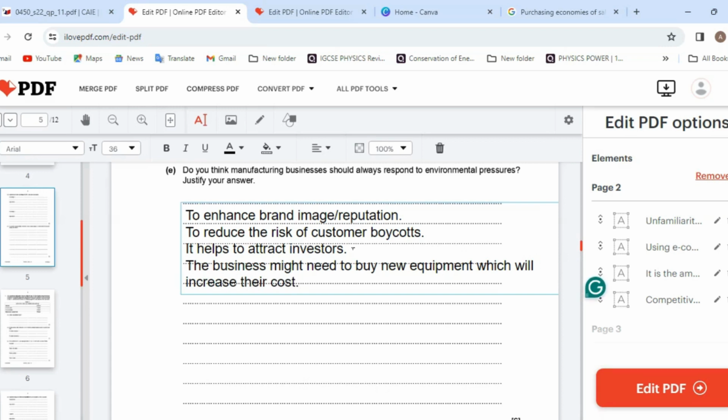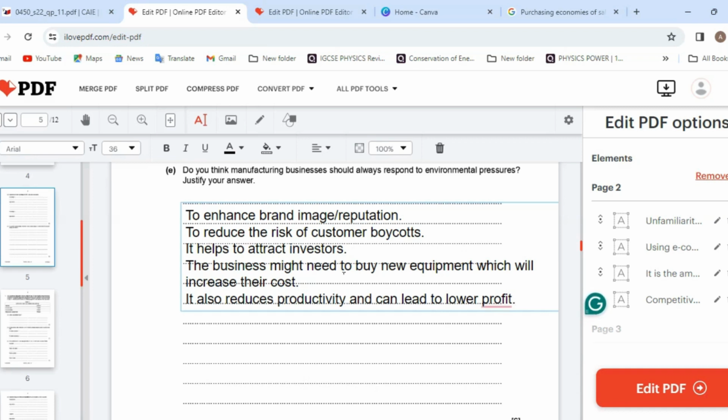It can also reduce productivity and can lead to lower profits. I hope you are following me before you can bring out your justification to this.